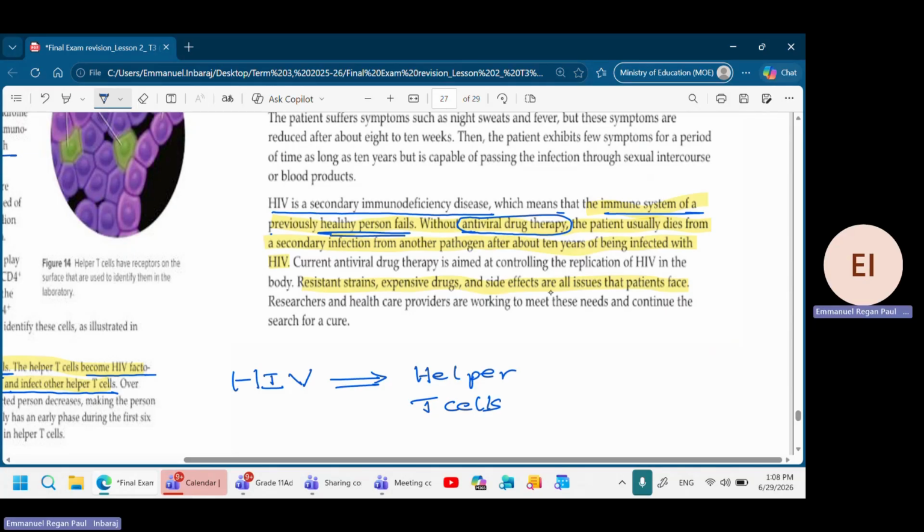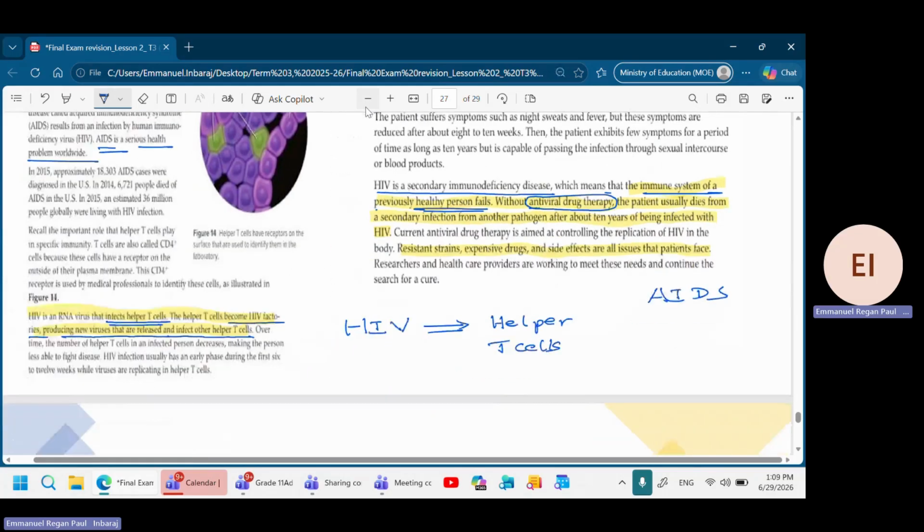But there is no cure for this particular disease. Okay, there is no cure for AIDS. You can only increase the lifetime. That's it. So that is something that you need to know about HIV.